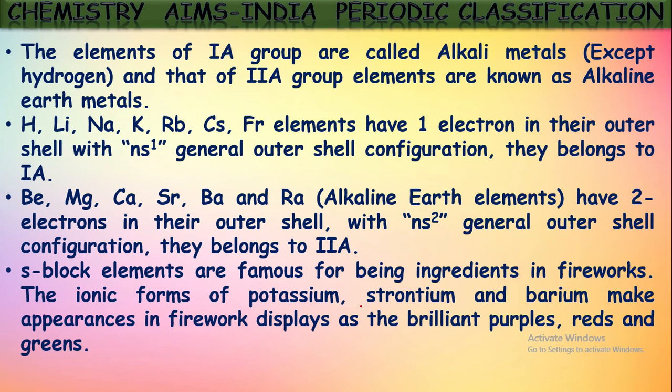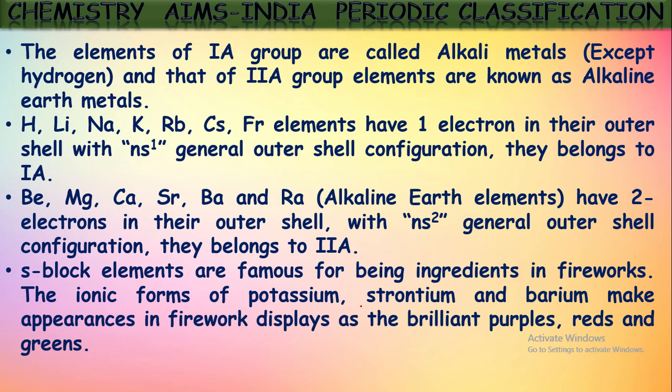Okay, not only this, mostly in our daily life we find these s block elements in fireworks because when these first group elements or second group elements are burnt, they produce different colors. The ionic forms of potassium, strontium, barium, when they are burnt in the fireworks, potassium burns with a brilliant purple or lilac color flame. Strontium burns with a crimson red color flame.